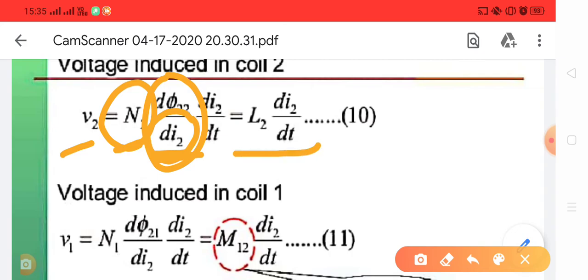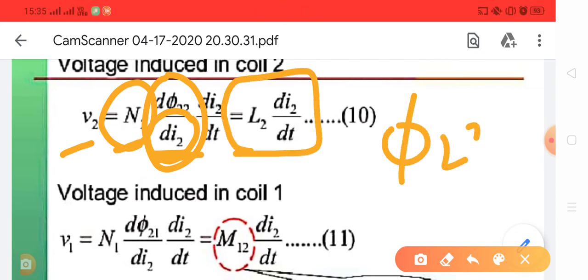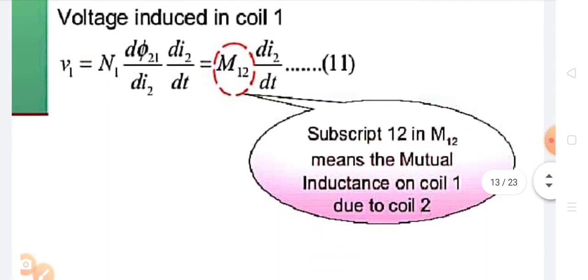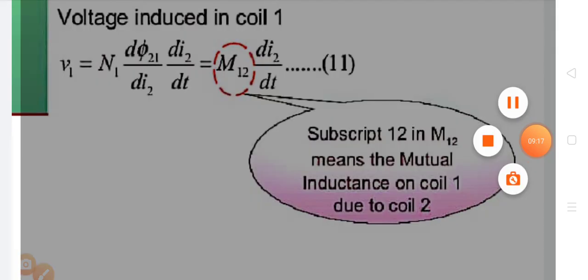You are getting L2 into di2/dt, because φ22 is the self-induced flux. Similarly, if you write the voltage in the first coil, we get V1 equals N1 dφ21/di2 into di2/dt. You can write this as M12 di2/dt. Here the subscript represents the mutual inductance in the first coil due to the second coil.